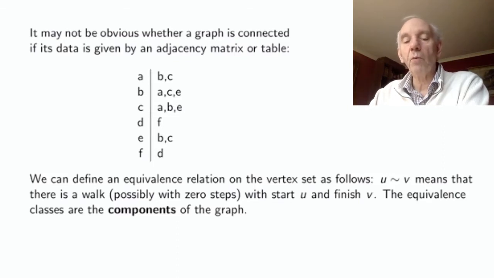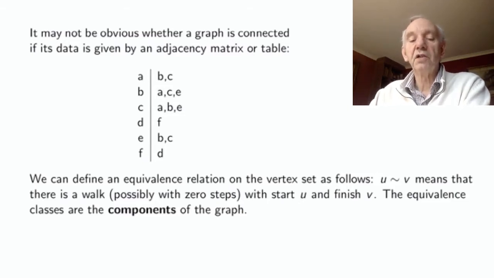For example, if you can walk from U to V and you can walk from V to W, you can certainly walk from U to W by just combining those walks. That's the transitivity property. So we have an equivalence relation. Whenever you have an equivalence relation, it partitions the set into disjoint subsets, and those disjoint subsets of vertices define what are called the components.